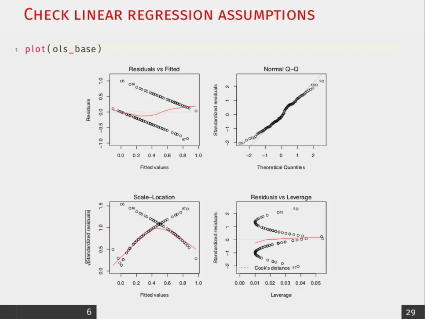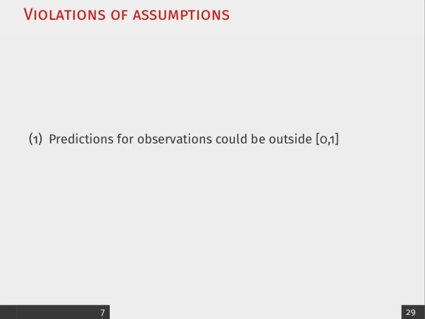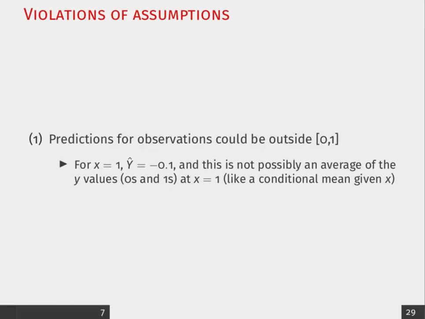This is going to lead to a number of problems. First of which is the fact that we're going to get predictions for observations that are going to be outside of 0 to 1. So like I said, if an individual is of age 1, right, the predicted CHD is going to be negative 0.1, and that's just not possible, right, because you either have the condition or you don't have the condition.